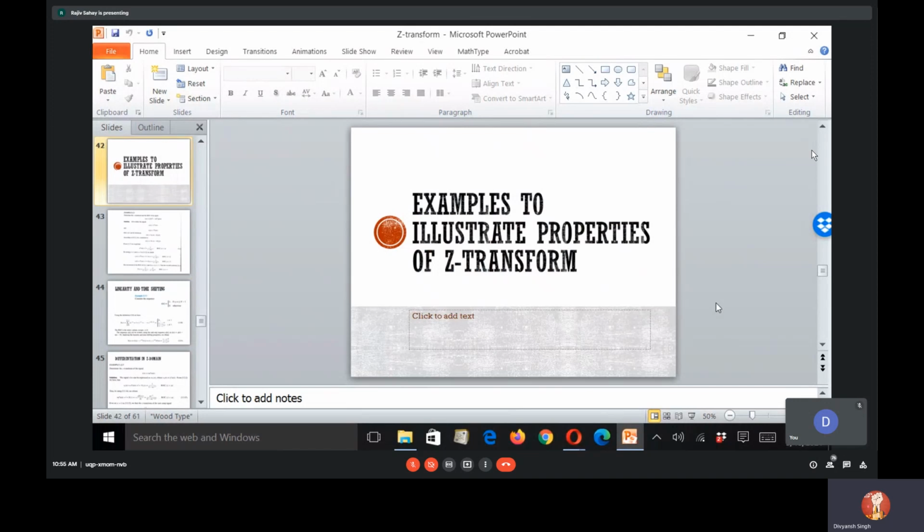Okay, so we'll have examples to illustrate the properties of the Z transform. So I have 5 minutes now, so I'm just not getting into this right now. Tomorrow we have a 2-hour class from 6 o'clock. So we will start looking at some of the examples and we'll have more detailed discussions.